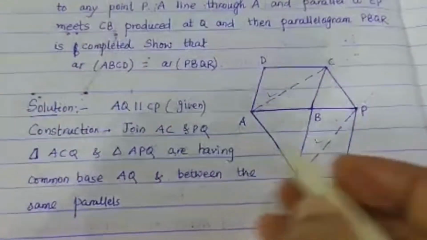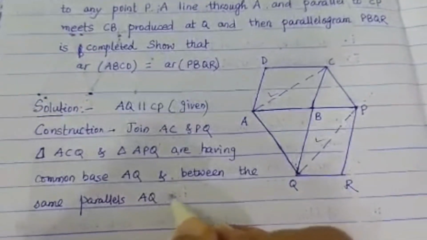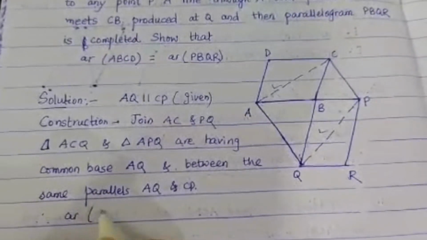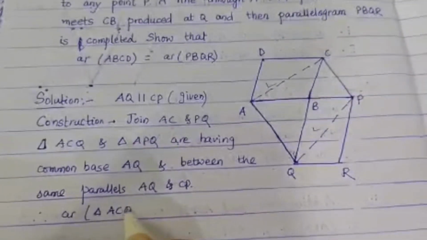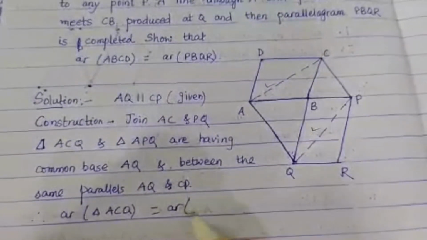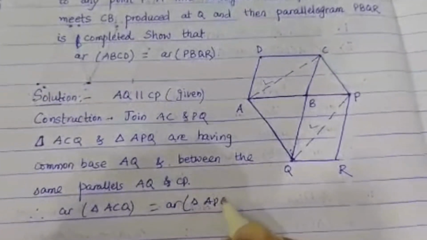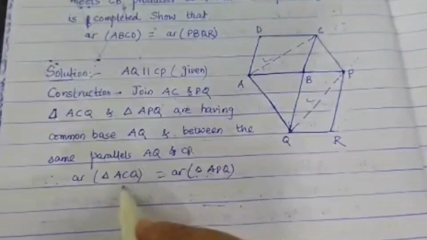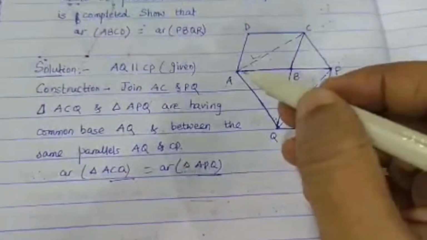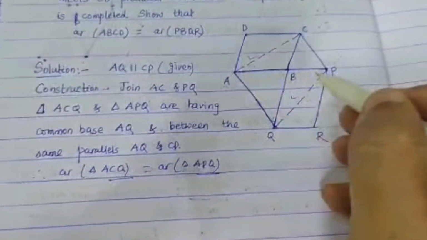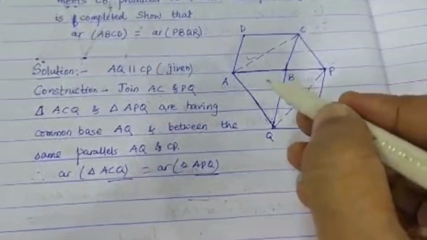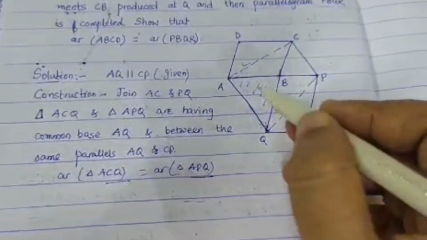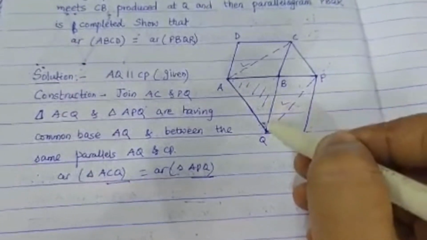AQ and CP. It is given. Same parallels AQ and CP. Therefore, area of triangle ACQ is equal to area of triangle APQ, from the theorem. Now you see what is common here. This is the common part, triangle ABQ.